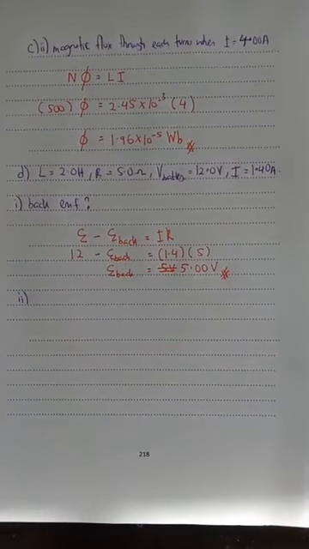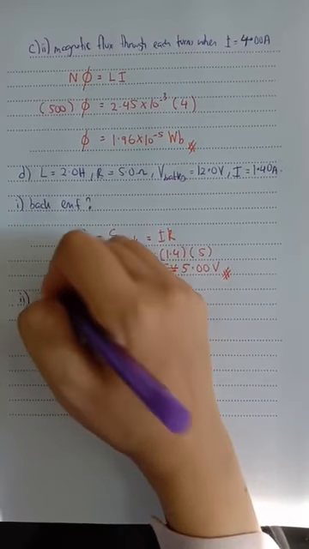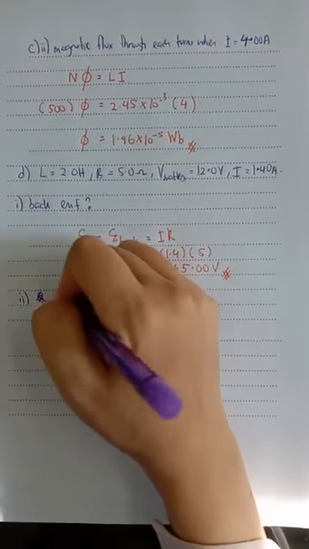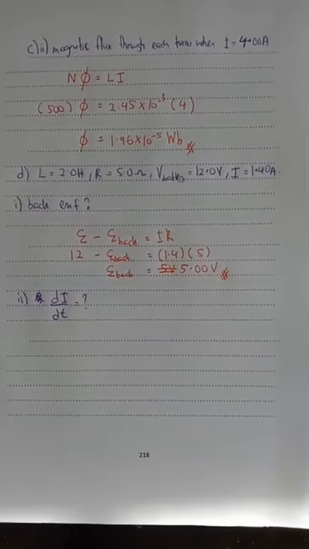Okay, number 2, rate of change of current in the coil. Rate of change of current is di over dt.